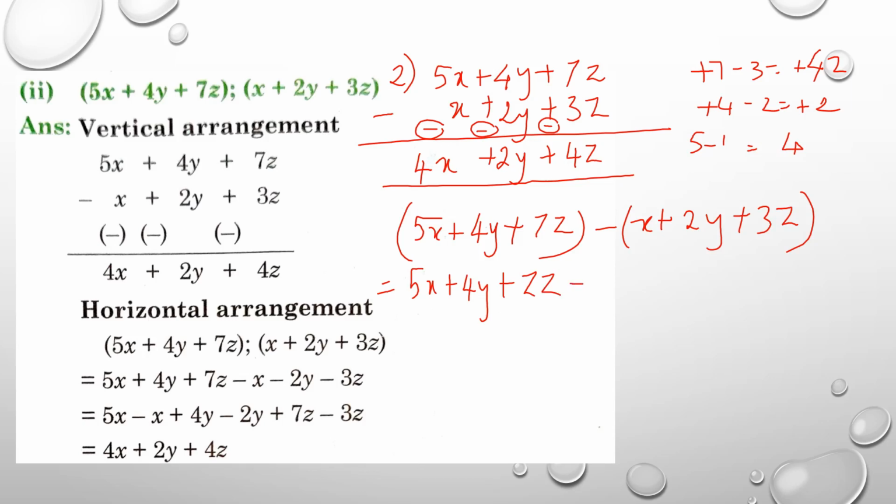Now minus and plus will become minus 2y. Now again minus and plus will become minus 3z. Now all the like terms you have to take together. Now 5x minus x plus 4y minus 2y plus 7z minus 3z.